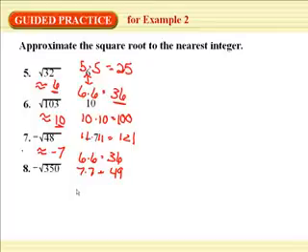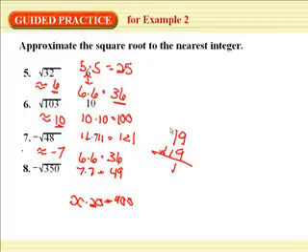We go, well, I know 20 times 20 is 400, so now I have to do 19 times 19, which is 361.